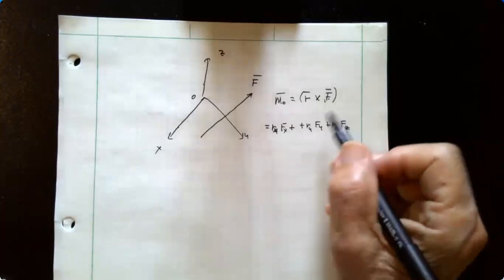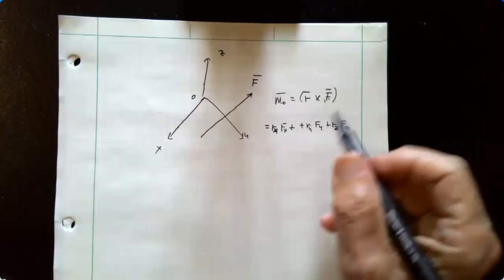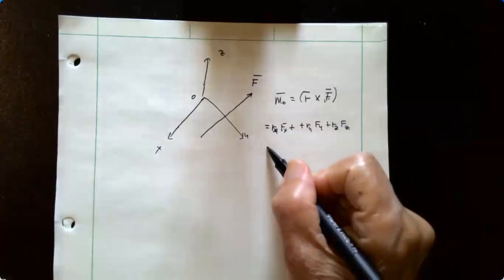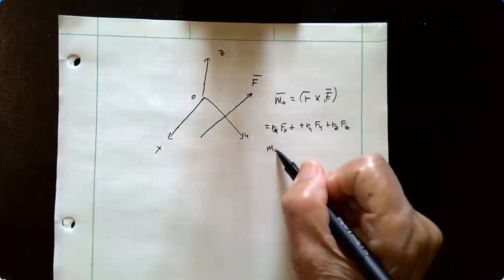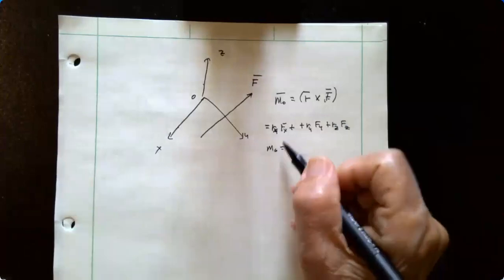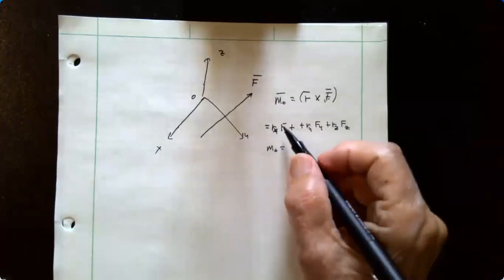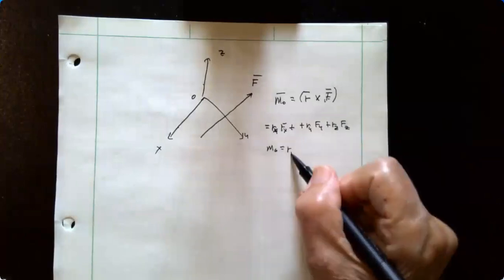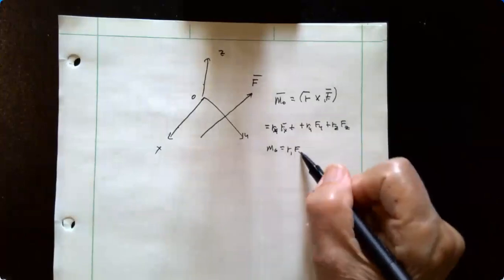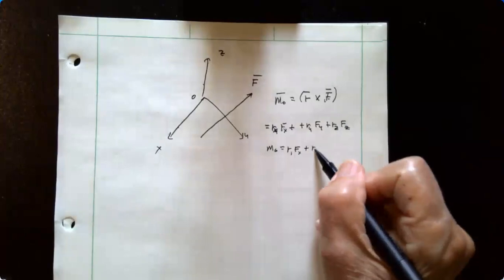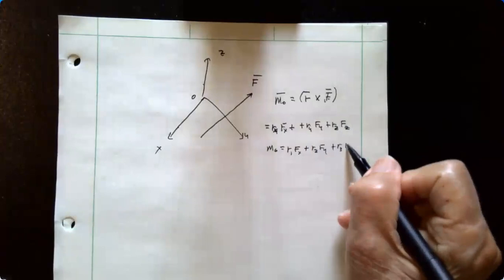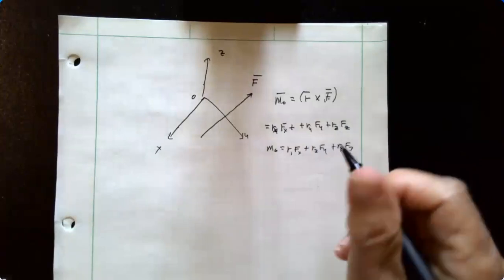Okay, so each of these will be different values. You can also write this moment about the origin as R1 Fx plus R2 Fy plus R3 Fz. And we'll do some examples.